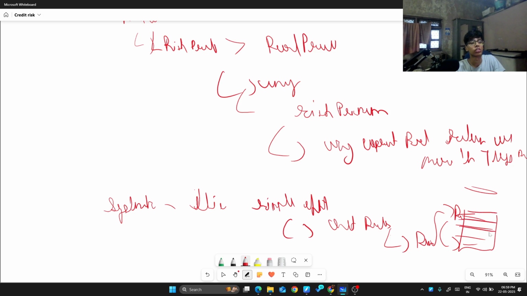Yeah, if AAA fails, then all the tranches will also fail, and this causes a ripple effect. This is because of default dependence on each other, right? And this is called credit contagion.